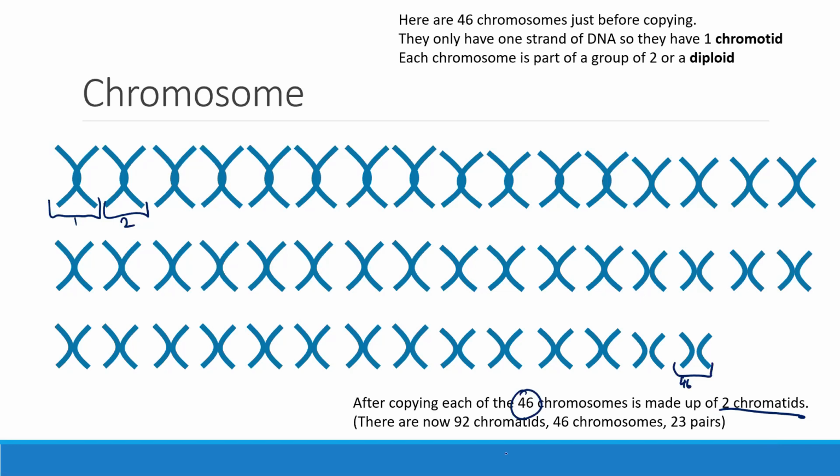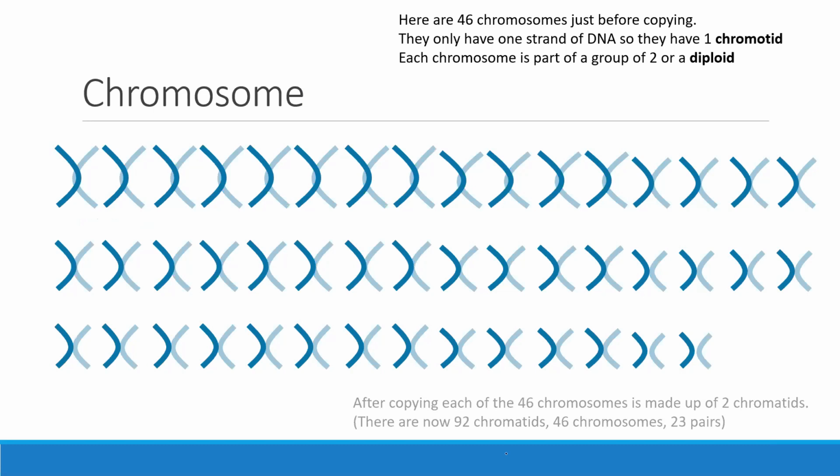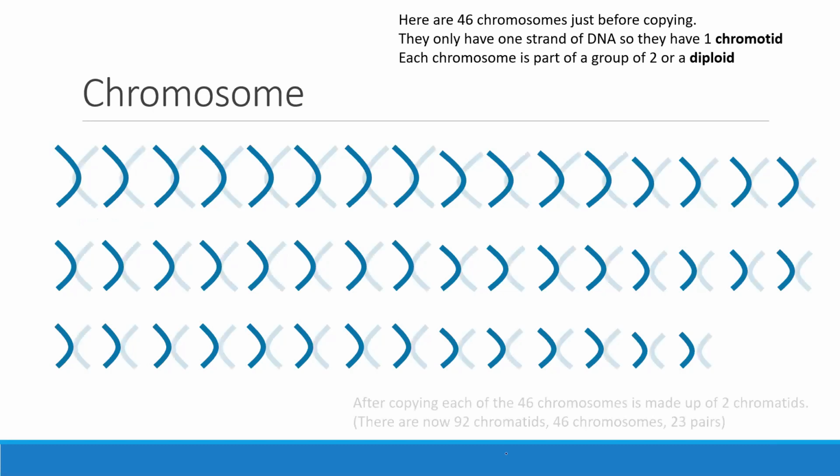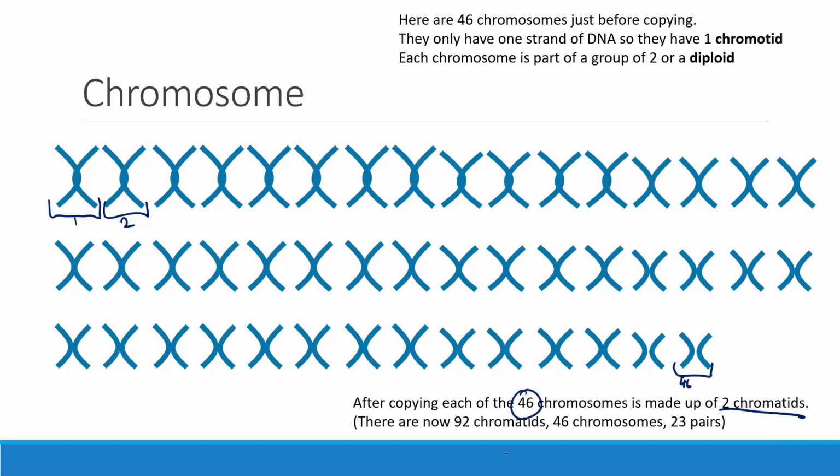So we've gone from 46 chromosomes and 46 chromatids to 46 chromosomes, but 92 chromatids. We've doubled it.